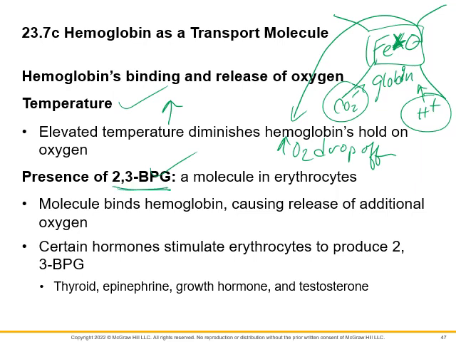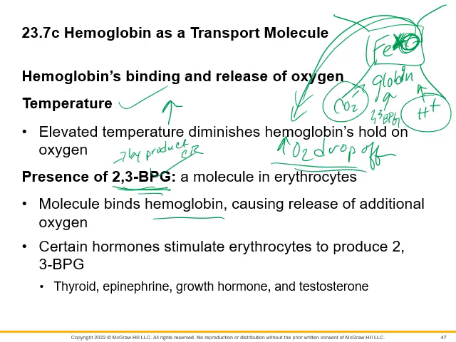This BPG molecule, this is a byproduct of cellular respiration. So this molecule can bind the hemoglobin and cause more oxygen to be released. So again, we can have another molecule bind, this 2,3-BPG, and that could cause the oxygen to be dropped off.